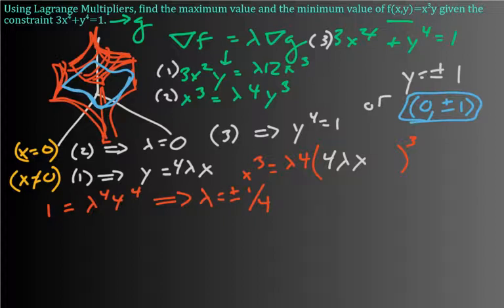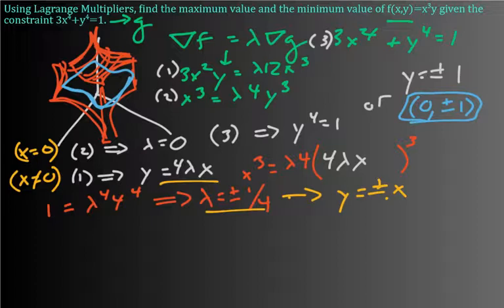From there, I can get y in terms of x if I go back here, because I've eliminated what lambda is. Lambda equals plus or minus 1/4. So this part and this part together say that y equals plus or minus x.